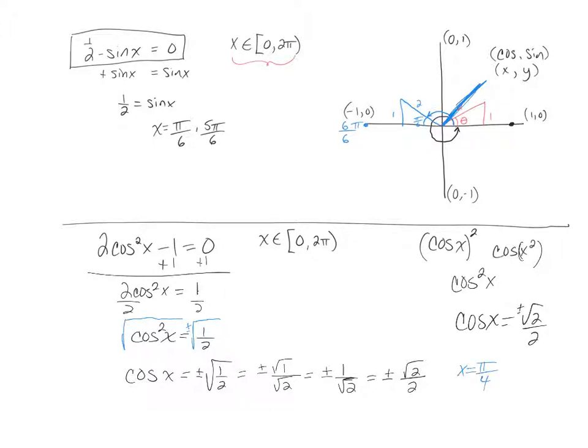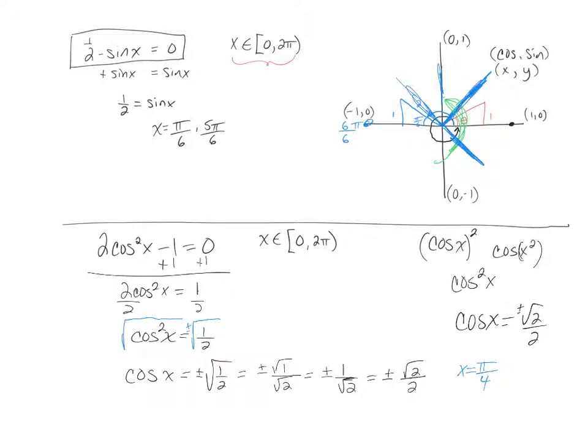Now, as far as positive cosines go, that's going to be cosines that are on the right side of the circle. So the other place that the cosine would be positive, root 2 over 2, would be down here in the fourth quadrant. So you could think of it as 1 pi over 4, 2 pi over 4, 3 pi over 4 here.